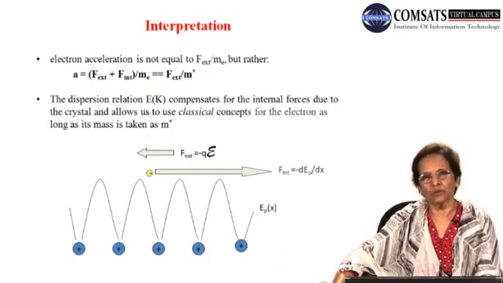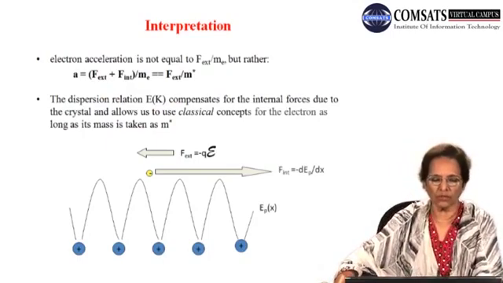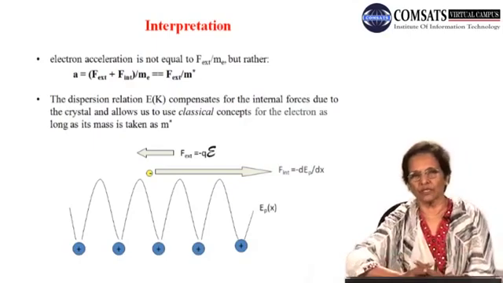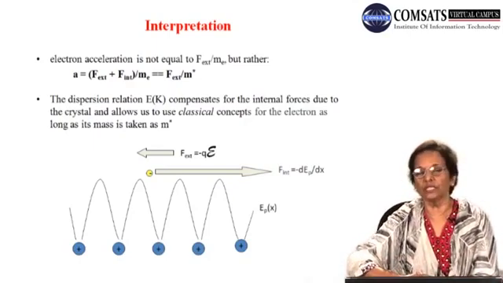So I can write down mathematically a relationship which was explained in the previous slide: the electron is now subject to two forces, one arising due to an applied electric field, termed F external, and F internal, the internal forces due to scattering centers present inside the crystal. Now we use the electron effective mass m star.